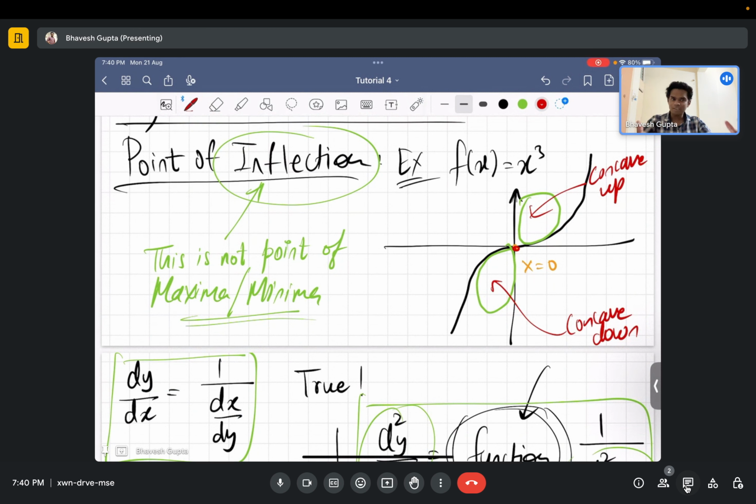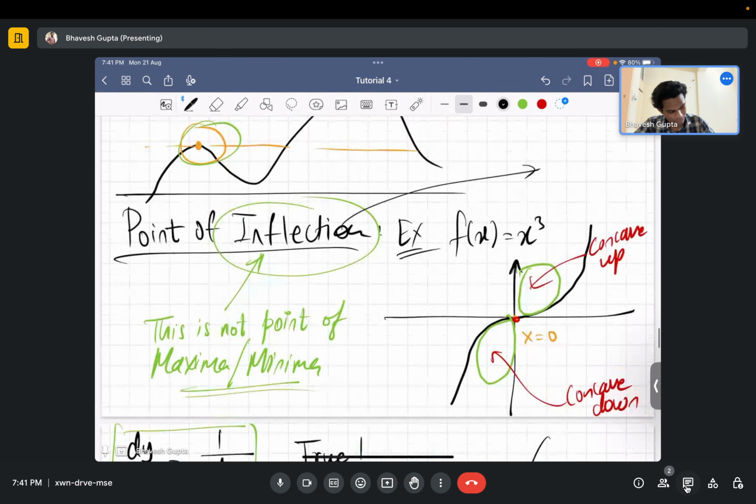The way you can find this point of inflection is when you calculate the double derivative, the double derivative turns out to be 0. You might have a first order derivative that is non-zero, but the double derivative comes out to be 0. That's how we can check this: the double derivative is 0.